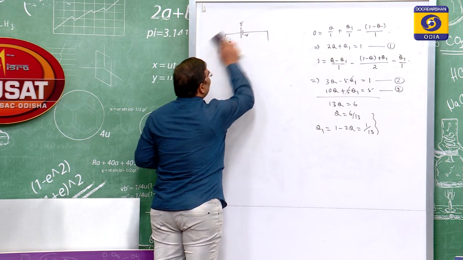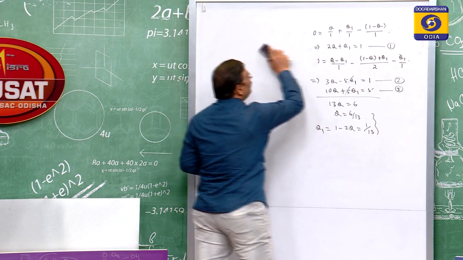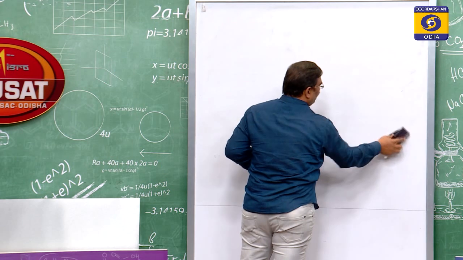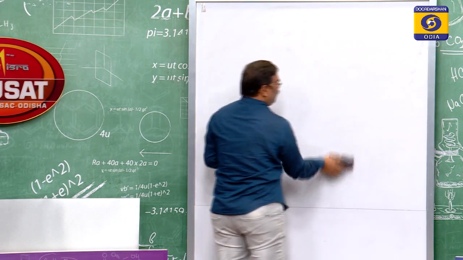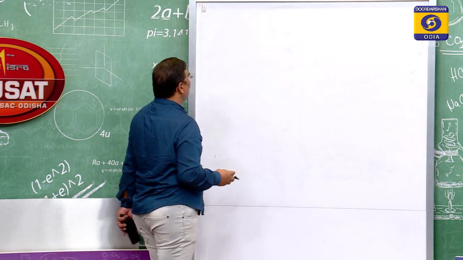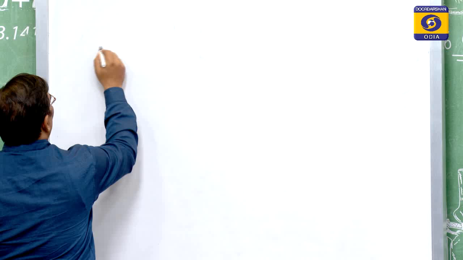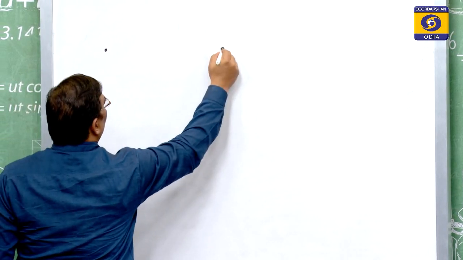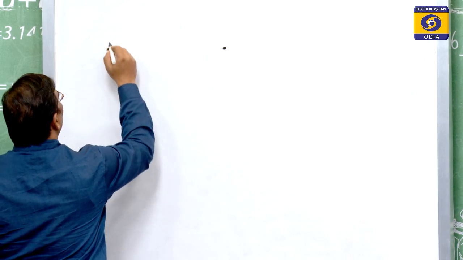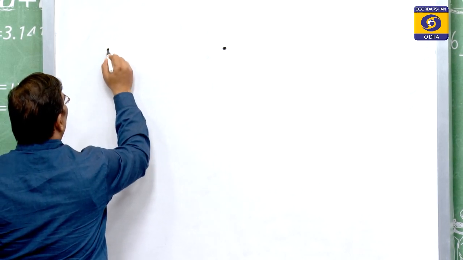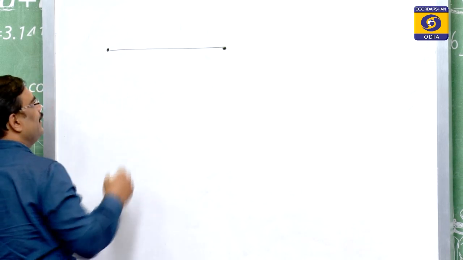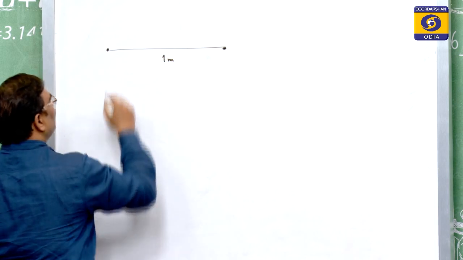Basically, a potentiometer is a bridge, Wheatstone's bridge, having a wire of calibration, a long wire of calibration. Suppose these are 2 points where I have connected a wire of length 1 meter.